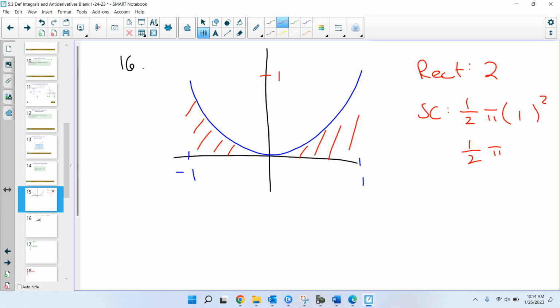How'd they write the answer? 4 minus pi. That's that area. 2 minus that area. Was that right?